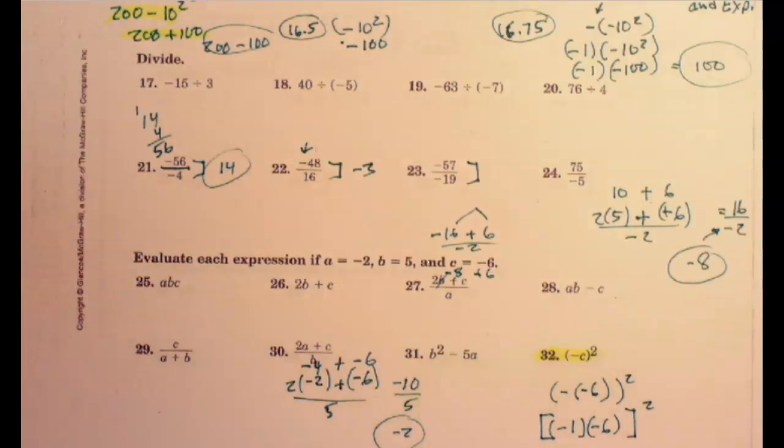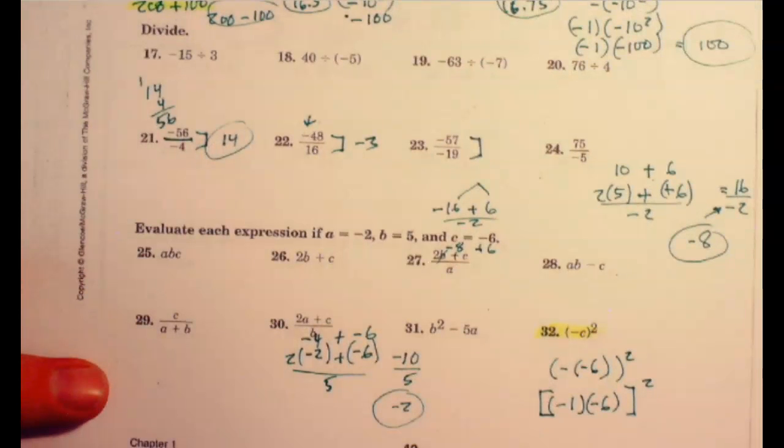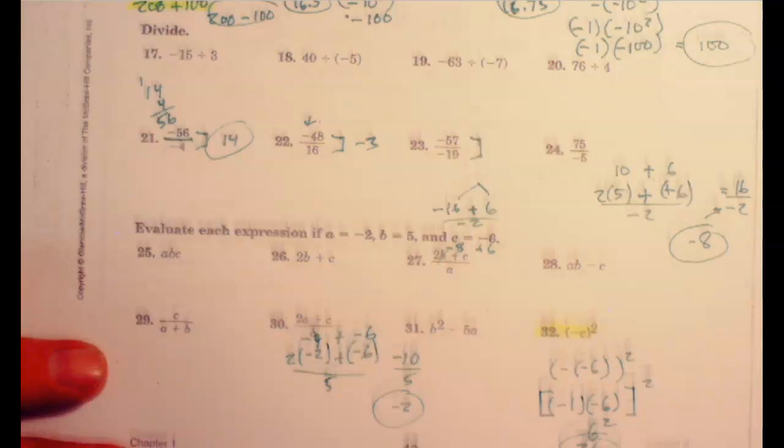We have to do what's inside the brackets first. So inside the brackets, you've got 1 times 6, which is 6, and you've got a negative times a negative, which is positive. And then you've got to square that, and that's how you end up with a positive 36 on this one. Okay? All right.